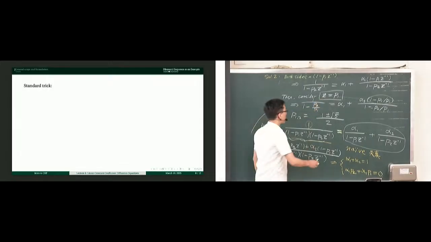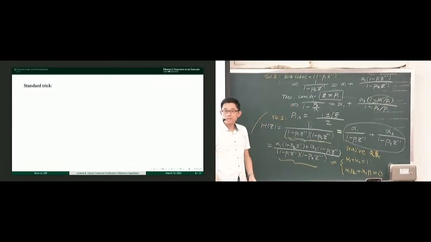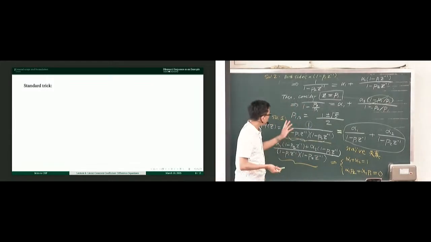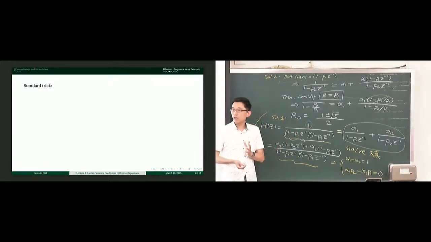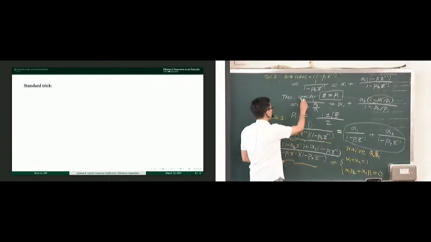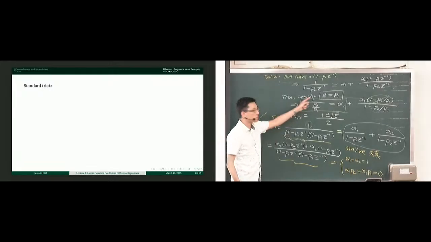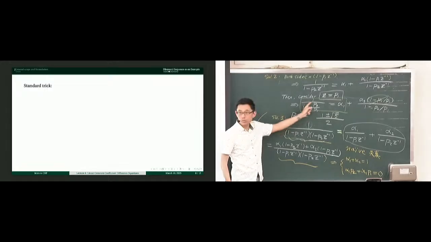Okay? So that's a kind of more professional or sophisticated way. This is a more sophisticated way of finding alpha 1. What is alpha 1? Because now, what do we have? Alpha 1 is equal to that. Everything is known. P2 is known, P1 is known. There's no unknown right here on the other side. Okay? So that's a trick. Yeah? Okay, people in the back, can you see? That's a trick, okay?